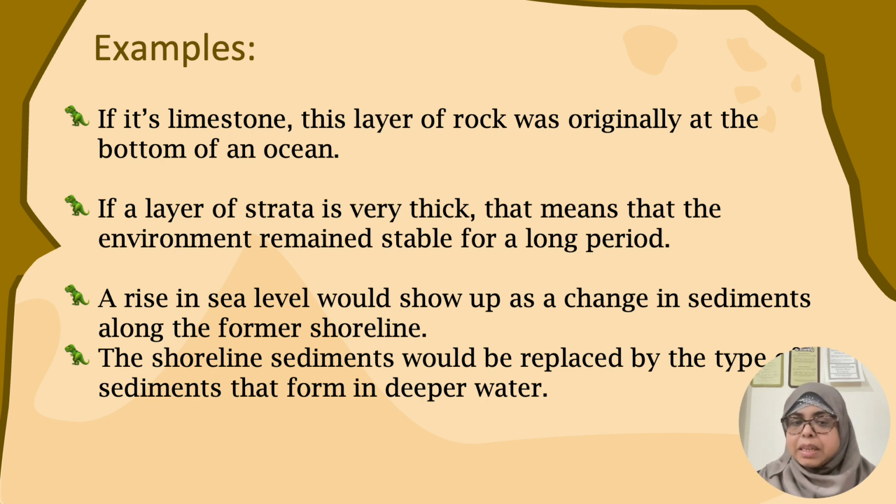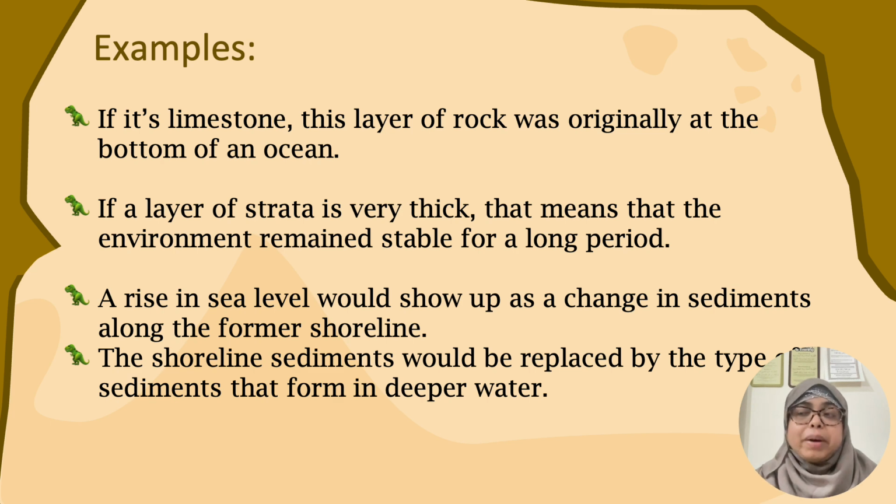So a rise in the sea level would show up as a change in sediments, like the kind and the type of material that gather up on the shorelines, because water is coming in from all directions and gathering in the ocean. Streams, rivers, lakes, they finally come and join the ocean. And when they're coming from the streams, rivers, lakes, they're bringing with them what is called the sediment load.